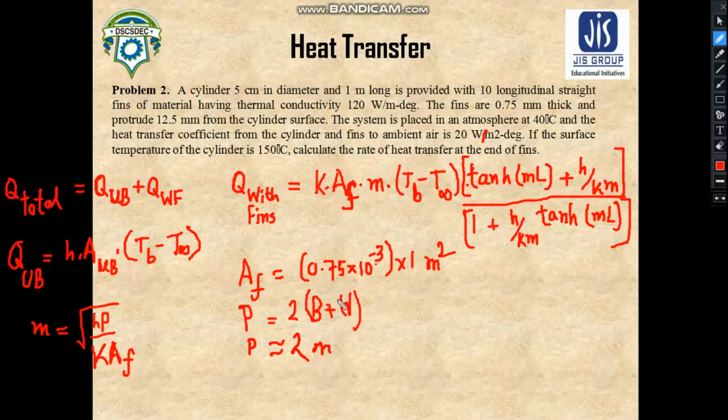The height would have been 0.00075, and since the breadth was 1, we can neglect that part. So the perimeter becomes 2, and now we have all the data.